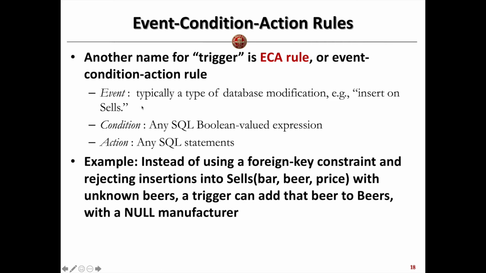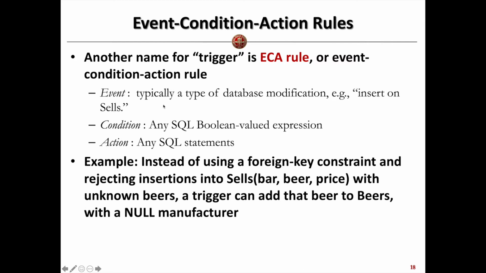So what is the event? An event denotes a database modification, such as an insert on some tables. Once an event happens, we need to check some condition, because some events, like insertion, may cause a condition to be true, while other events may cause the condition to be false. So the condition can be any SQL Boolean expression.